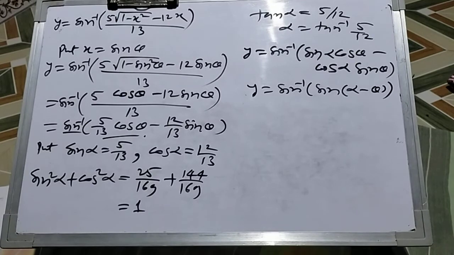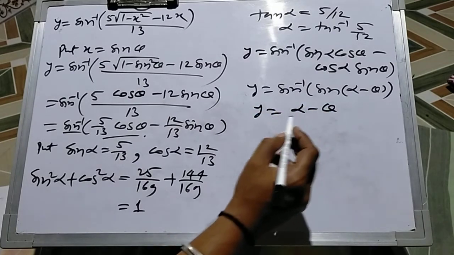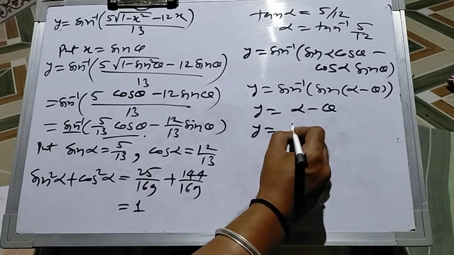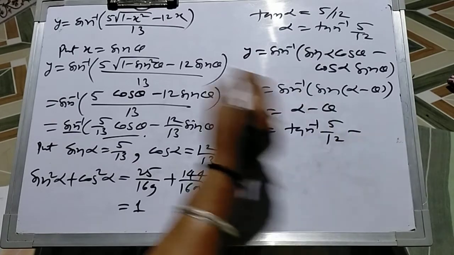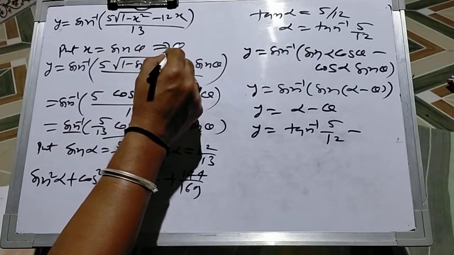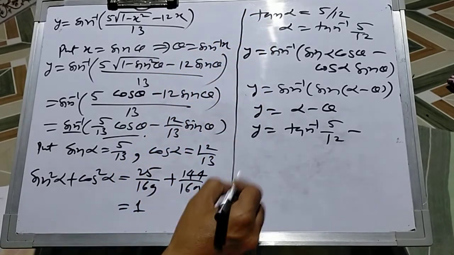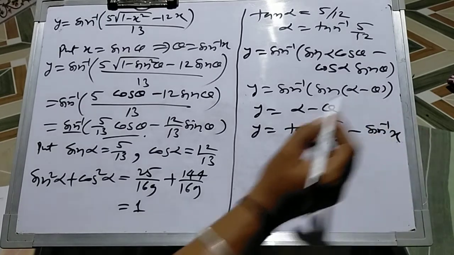Again here sine inverse of sine of theta equals theta. So y equals alpha minus theta. The value of alpha is tan inverse of 5 divided by 12, minus theta. Here x equals sine theta, so theta equals sine inverse of x. So y equals tan inverse of 5 by 12 minus sine inverse of x.